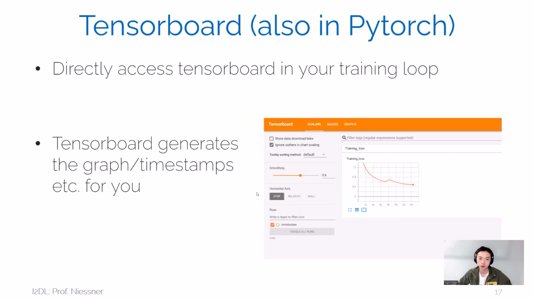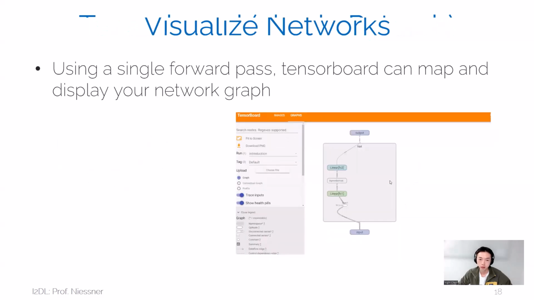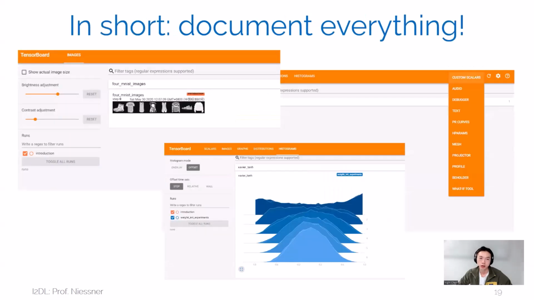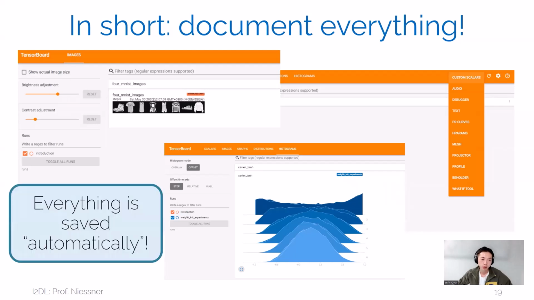Not only for the graphs or the numbers you want to plot in a figure, you can also visualize the network with a single forward pass. It can map and display your network graph. And actually, it can document everything you want to show. Like for the input images, you can also display them here, and also some histograms during your training or tuning.